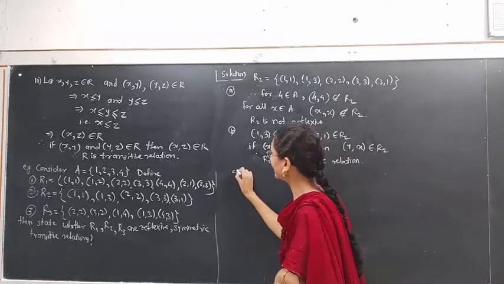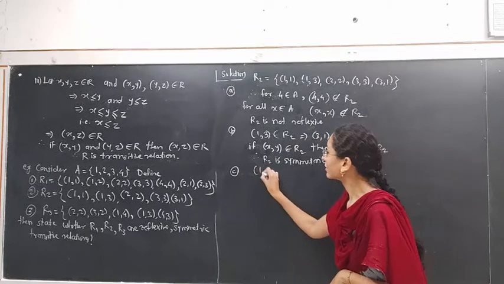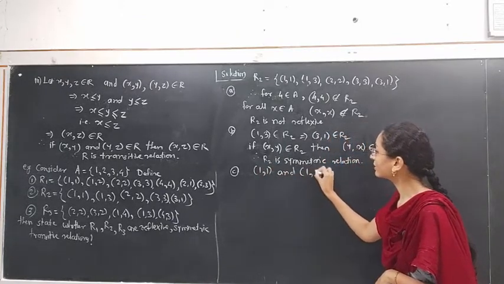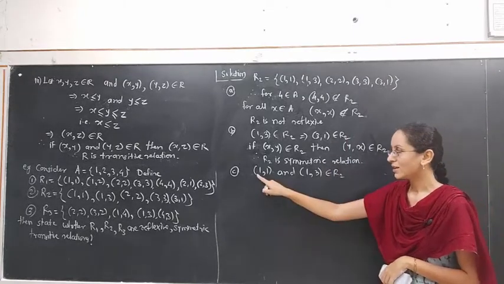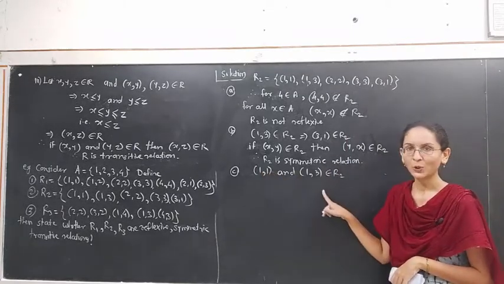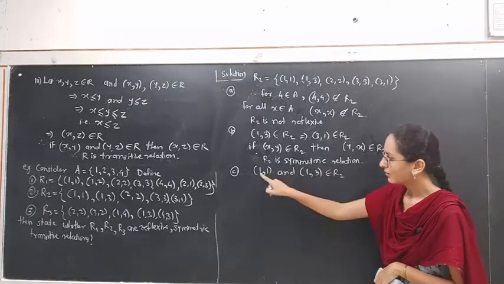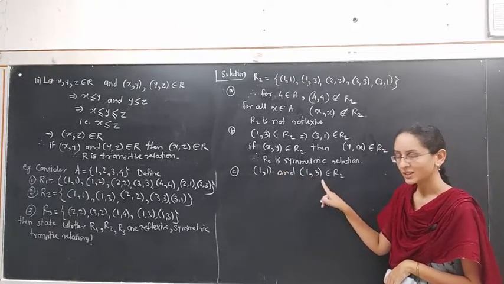Third, we check transitivity. If the ordered pair (1, 1) and the ordered pair (1, 3) belong to R2, we need two ordered pairs of the type (x, y) and (y, z). So, we have taken (1, 1) and the next pair is (1, 3).